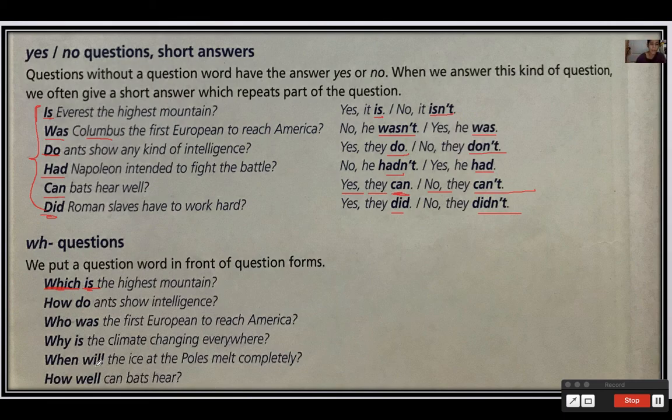Then we have, when will the ice at the poles melt completely? Oh, I don't know. The ice at the poles will melt completely in some years. So you have to give more information. Then we have, how well can bats hear? Oh, they can hear very well. Okay, so you are giving information.